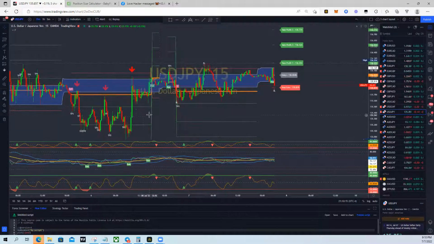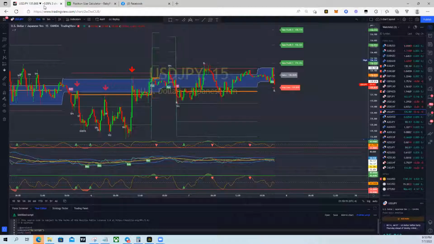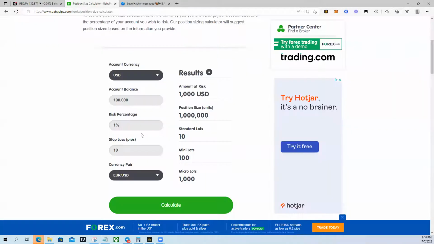It was short-lived, but you can utilize a very small lot size. Say, for instance, if you're using a hypothetical $100,000 account and we have a 10 pip stop loss on this trade, we can utilize a standard lot size of 10, which is $100 a pip. Now, if we lose the trade, we lose $1,000. It's only 1% of our $100,000.